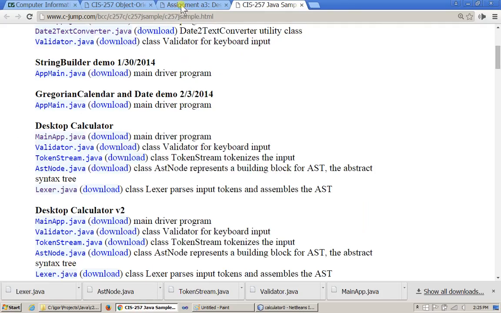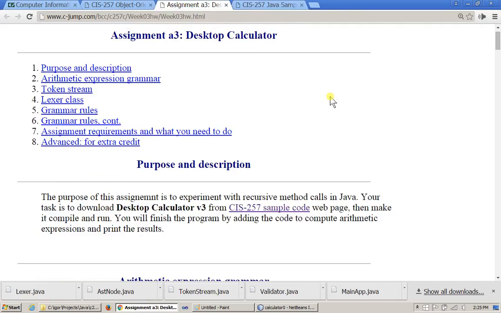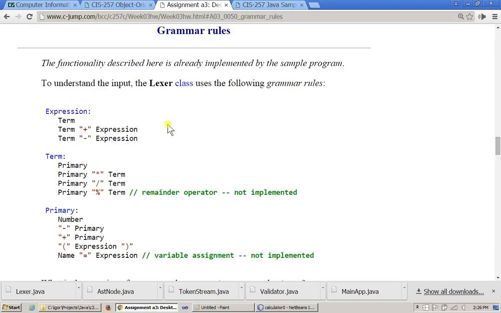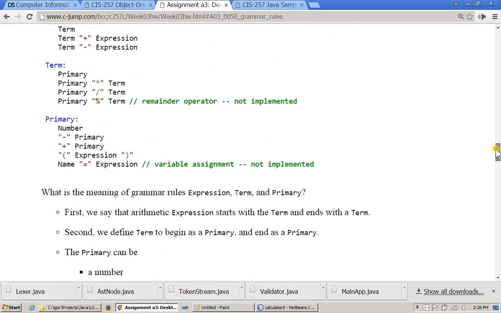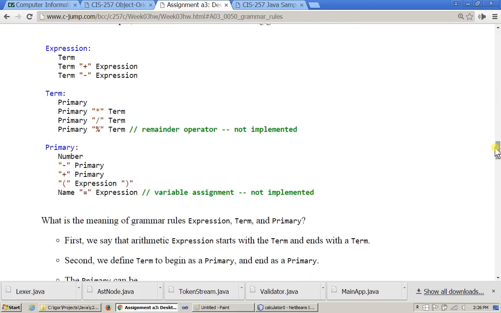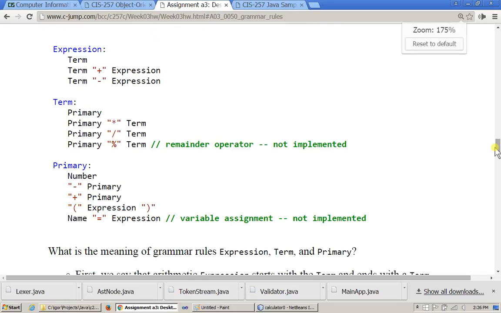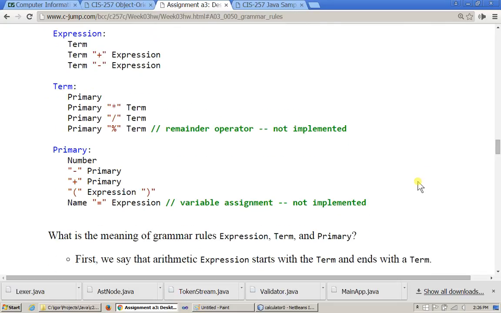And I would encourage you, after today's presentation, when you go to the handout assignment, to read the comments I placed over here. So perhaps even here it may be a better view of the way we're going to approach arithmetic expressions.